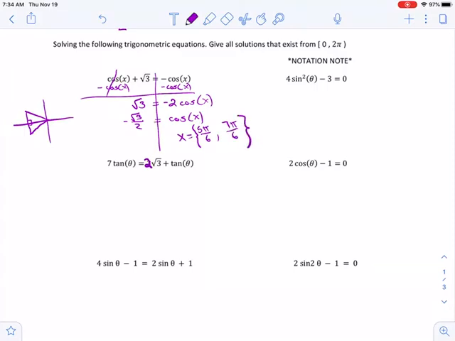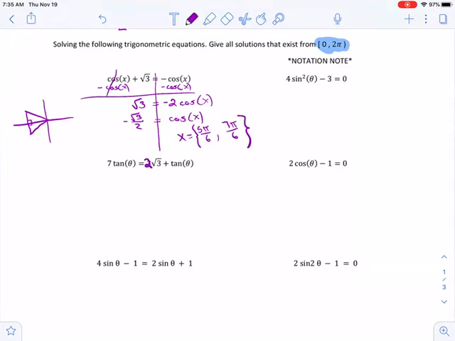This answer notation is called set notation, and I'm just listing out my values. An important part about the directions here is we're only listing the ones that fall between 0 and 2 pi. So we're not going to take into consideration any of those that exist every 2 pi after that. So I don't need that extra plus k times 2 pi situation.